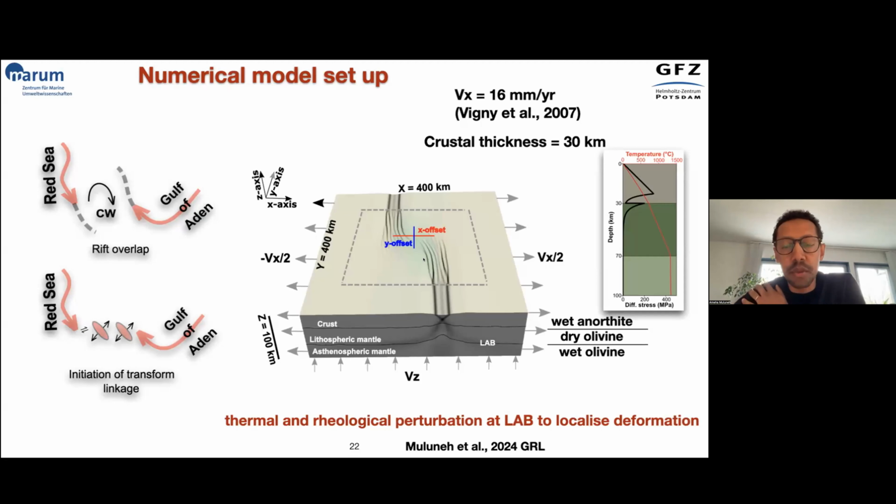And the most important part of this linkage is based on a previous study by Derek Neuharth and colleagues, which shows that this kind of linkage is highly dependent on this offset, specifically the x offset.